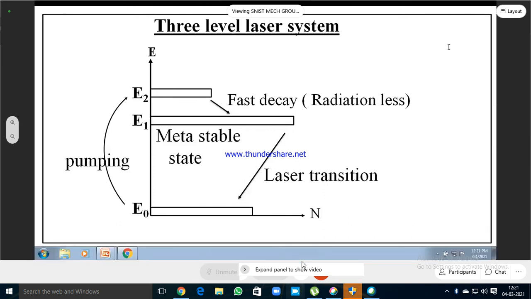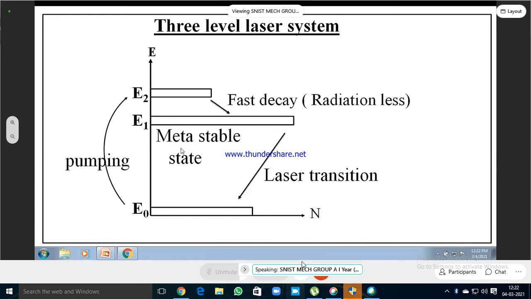Given that n2 is greater than n1, and E naught, n1. What is E naught? E naught means the ground state. Ground state means n1. So here you have to consider that E naught means n1 number of atoms, and E1 is n2 number of atoms.